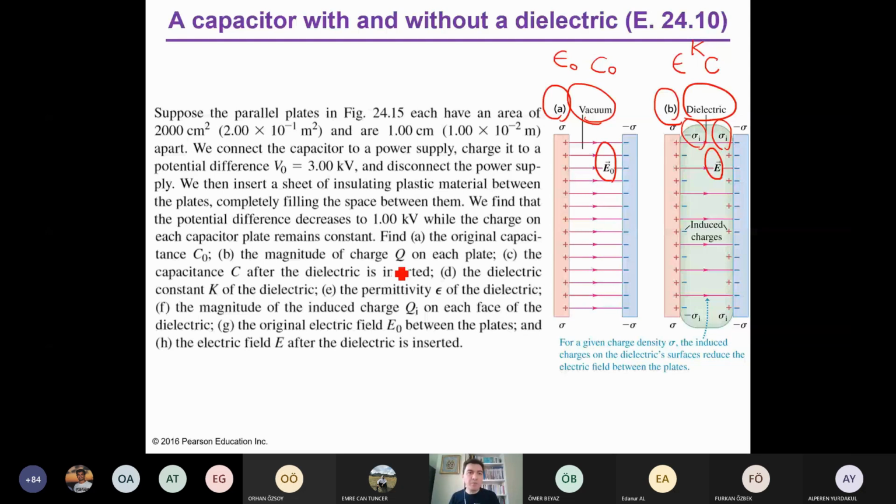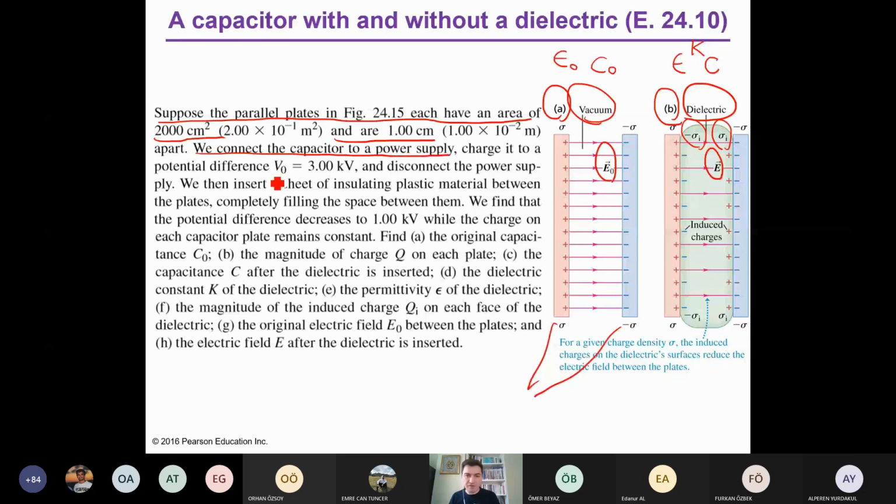Suppose the parallel plates in this figure each have an area of 2000 square centimeters and are 1 centimeter apart. We connect the capacitor to a power supply and charge it to a potential difference of 3 kilovolts.